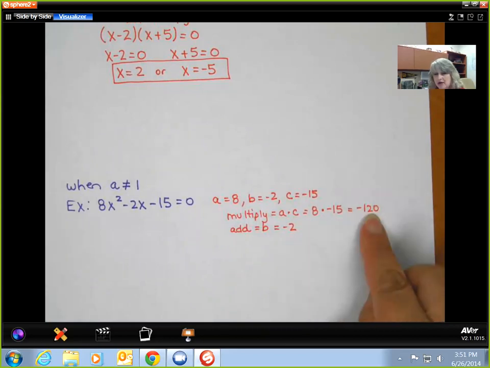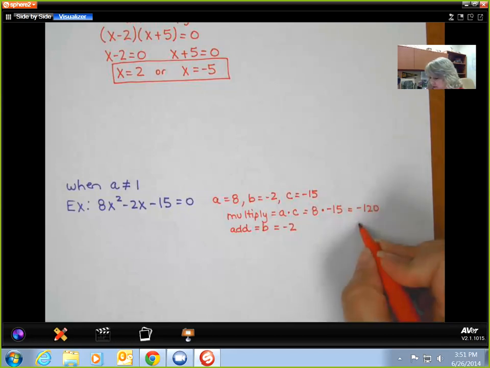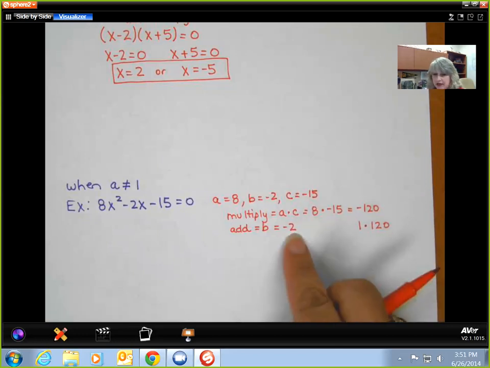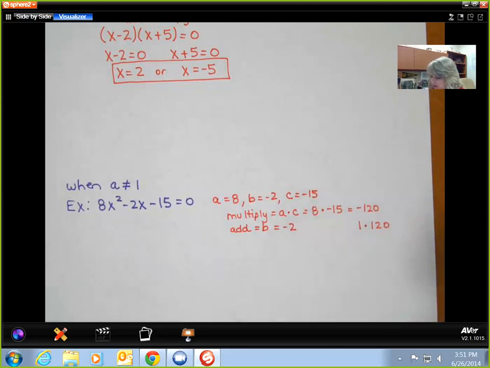So we're thinking about numbers that multiply to be negative 120 and add up to be negative 2. If you think about factors of 120, again, one's going to be positive, one's going to be negative. We might have 1 times 120, where one's positive and one's negative. But when you add a positive and a negative together, it's really like subtracting, and the difference between 1 and 120 is 119, which is definitely not a 2 or negative 2.